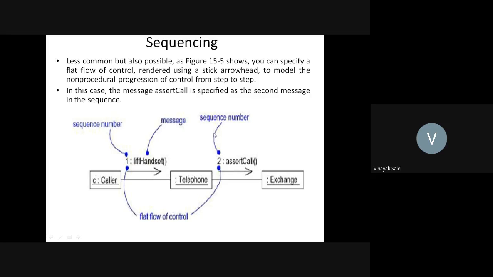Similarly, 2 is also a sequence number. So this is known as flat flow of control, and the messages, say handshot or assert call, are the messages from caller to telephone, telephone to exchange, respectively.